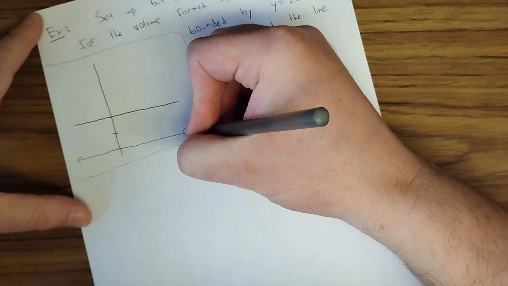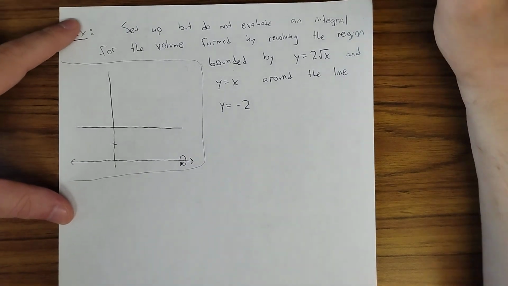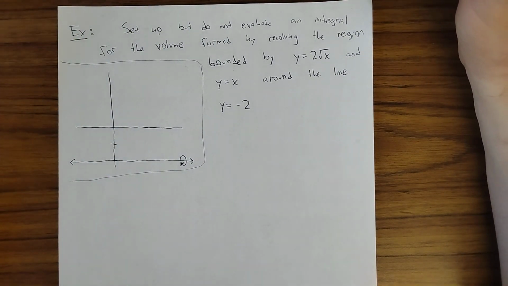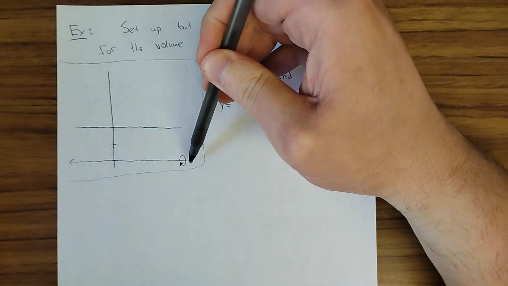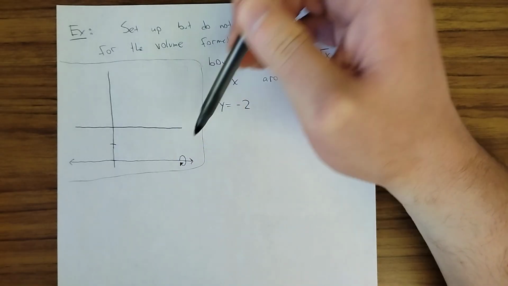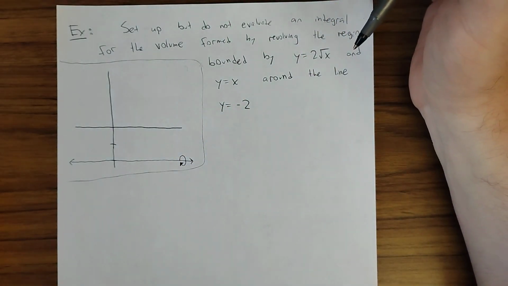But it may not be the x-axis or the y-axis. It may be some different horizontal line or some different vertical line. So I just drew the axis of revolution. I drew this little thingy that you always see around the axis of revolution. Let's try to draw the rest.